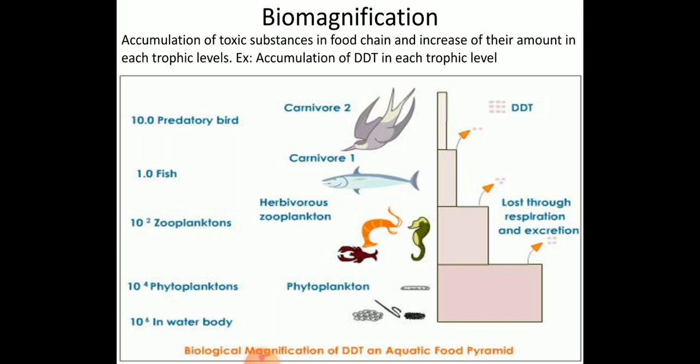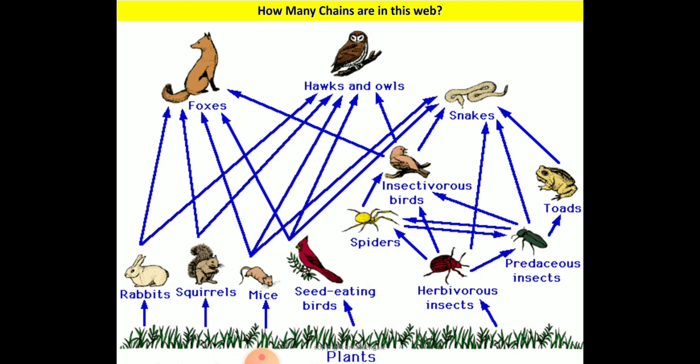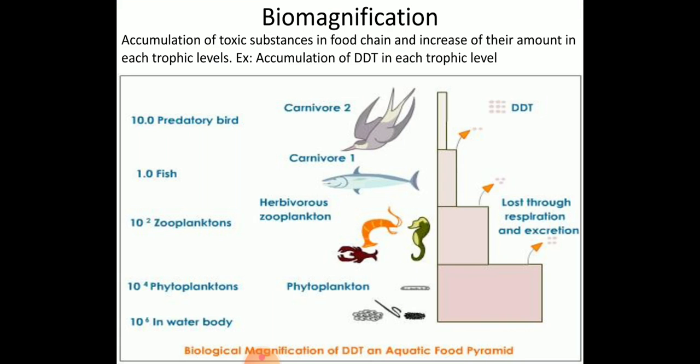So like that, the toxic level in the organisms will increase from one level to the other. So that concept is referred to as biomagnification. So this is another concept.